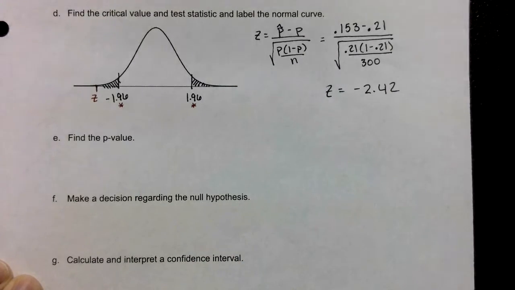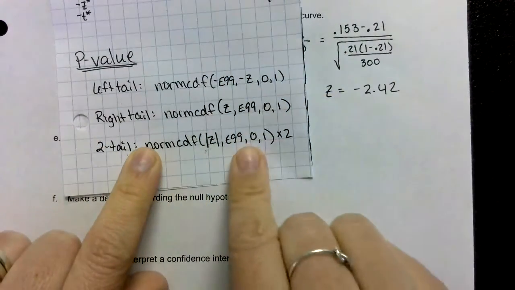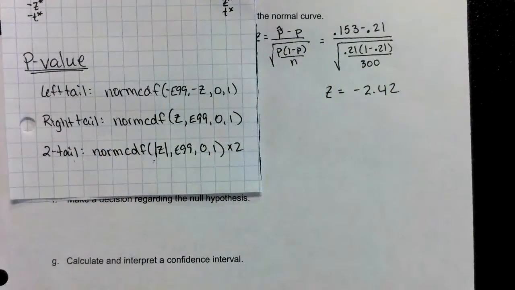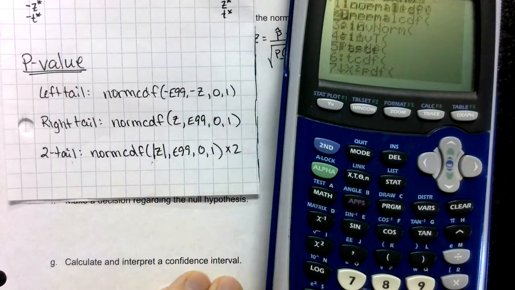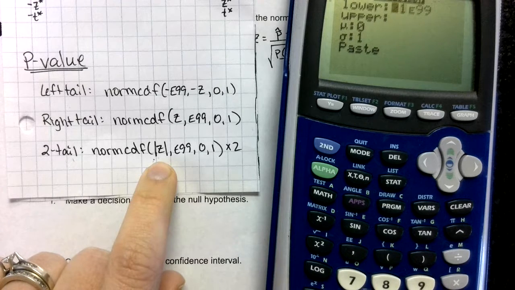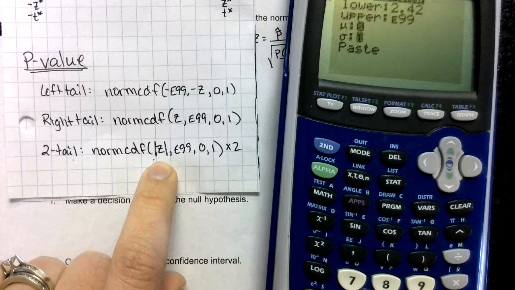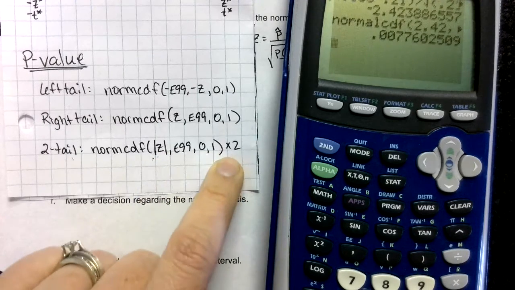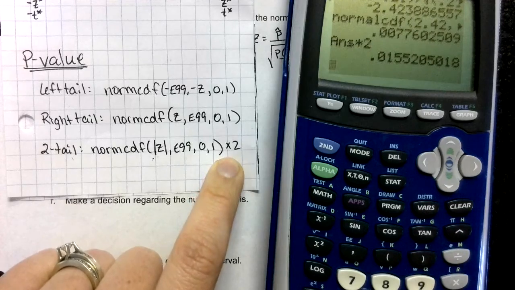So now what I want to do is find my p-value. So going to my formula, two-tail test. So we're using normal CDF. I'm going to use the absolute value, so 2.42 to infinity. Then because it's a two-tail test, I have to multiply it by 2.